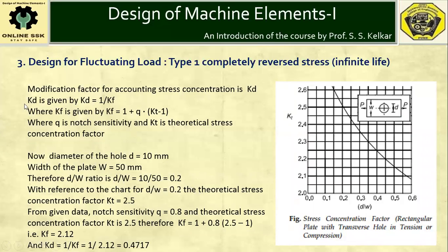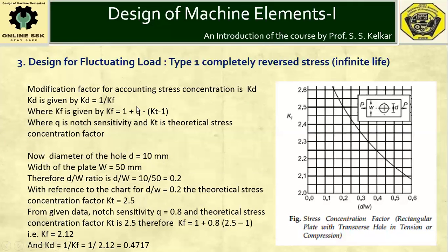So here, Kd is the modification factor for accounting for the stress concentration. It cannot be read directly from the standard chart; rather, it is required to be calculated. Kd is given by 1 upon Kf, the reciprocal of Kf, where Kf is given by 1 plus q times (Kt minus 1).